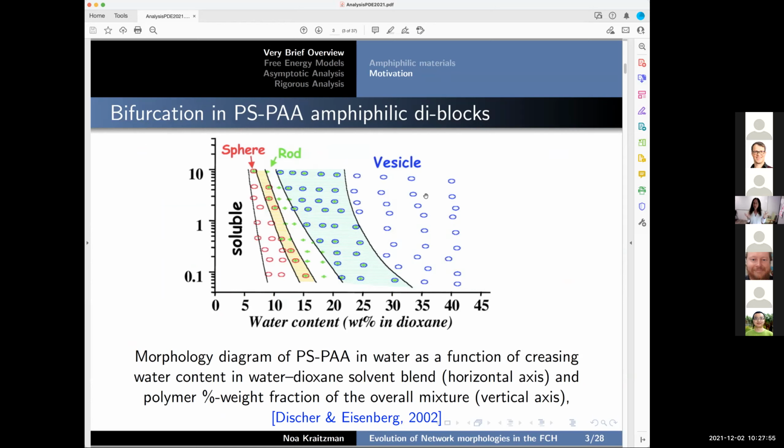When it's pure dioxide, then the lipids are hydrophilic. But as they add more and more water to the system, the lipids go through bifurcation. They change morphology. On the left, you can see codimension 3. When they add more water in the middle, they change to codimension 2. And as they add more and more water, they go all the way to codimension 1.